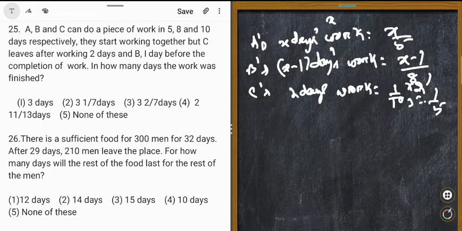So let's make the equation: x upon 5 plus x minus 1 upon 8 plus 1 upon 5 is equal to 1.